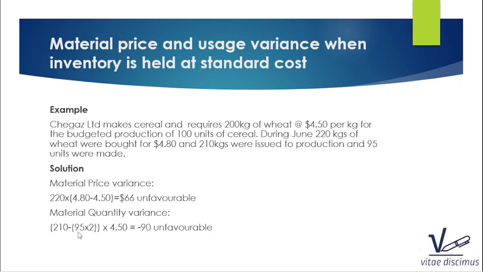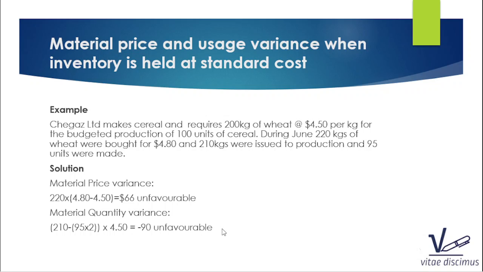So there will be a difference: we issued 210 compared to the 190 that we're supposed to issue to production, an excess of 20 kilograms. If we multiply that by the standard cost, it's an unfavorable $90.